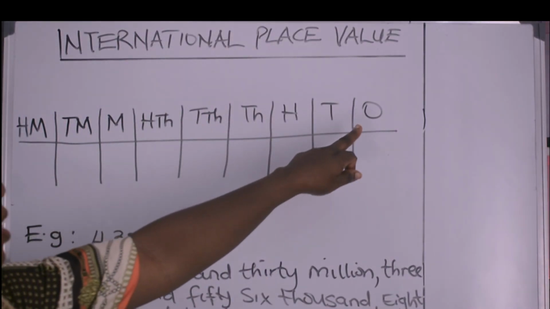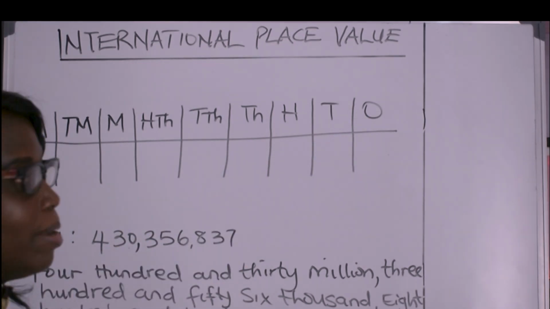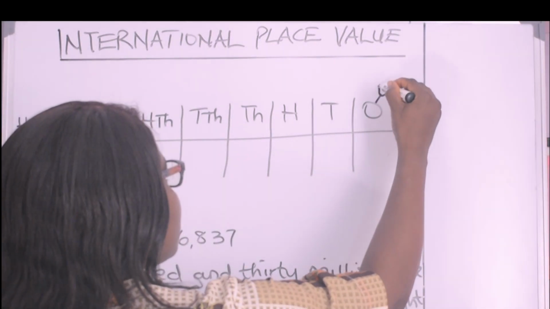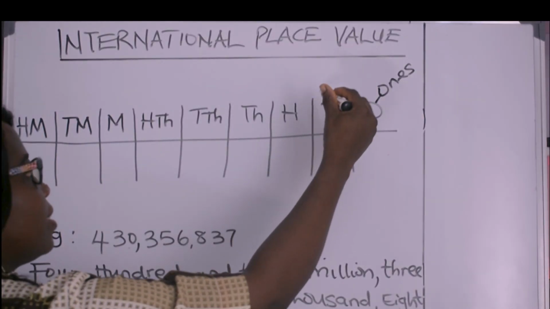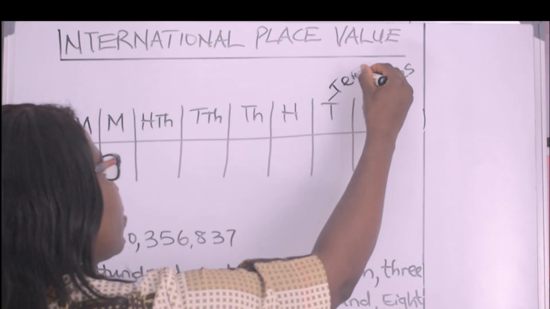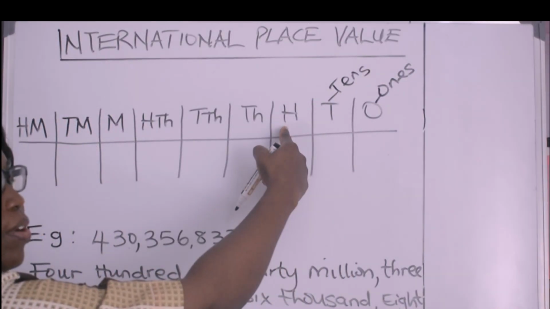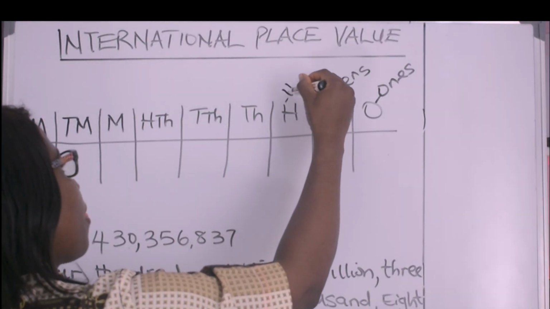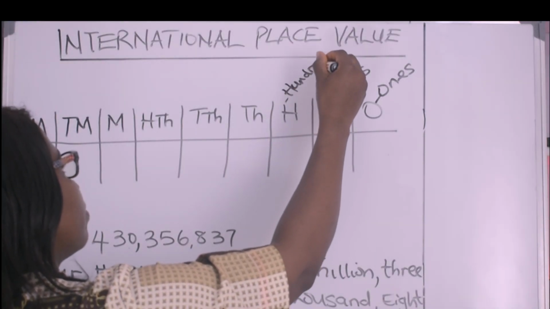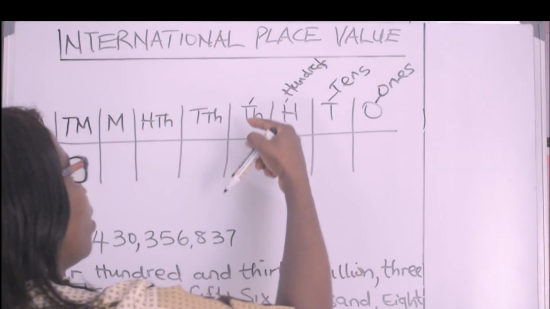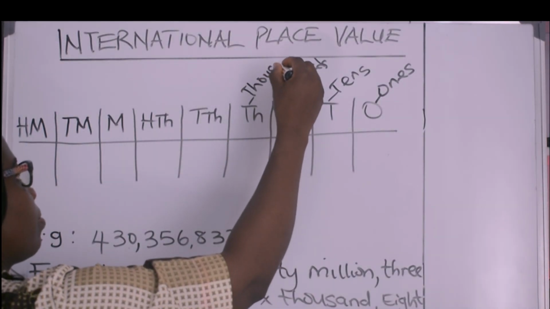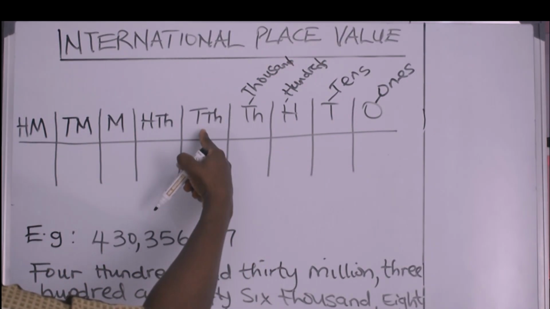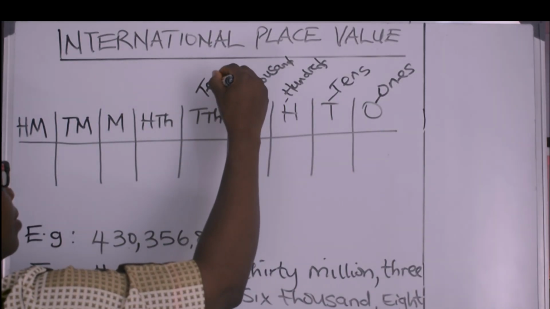We have the ones. I'm going to be writing it, the ones. We have tens. We have hundreds. We have thousand. We have 10,000.